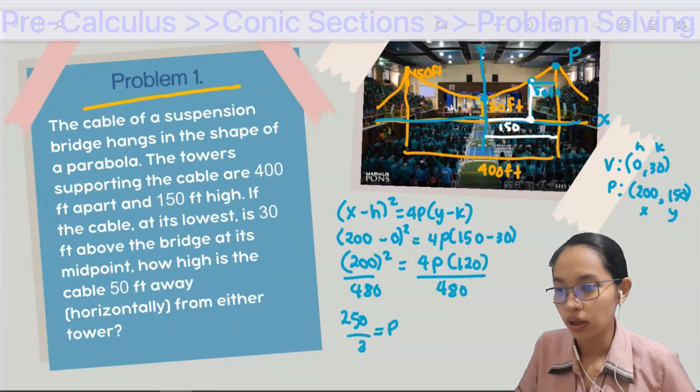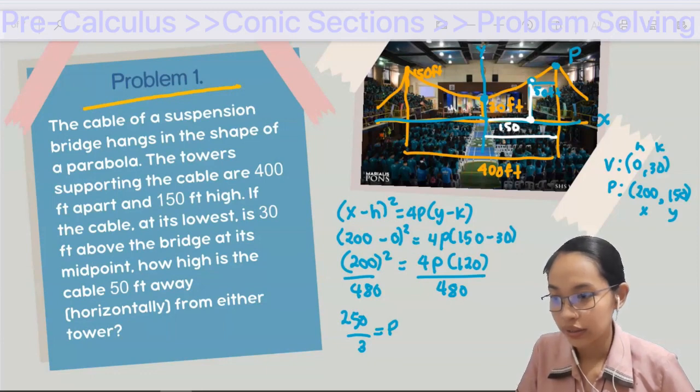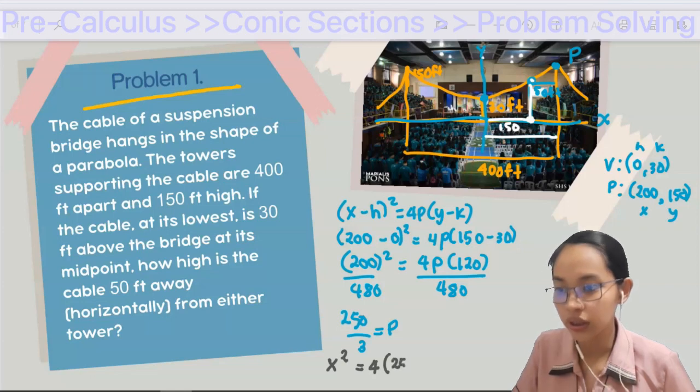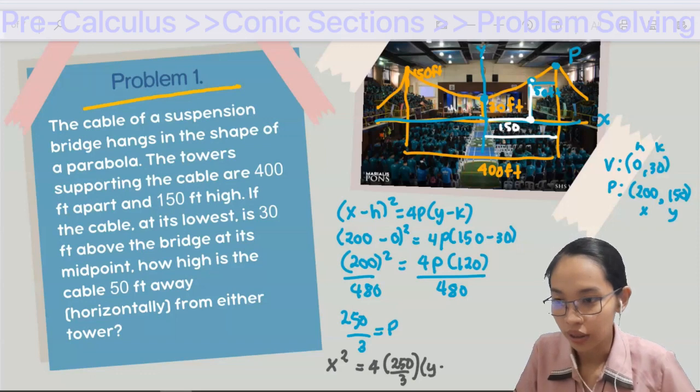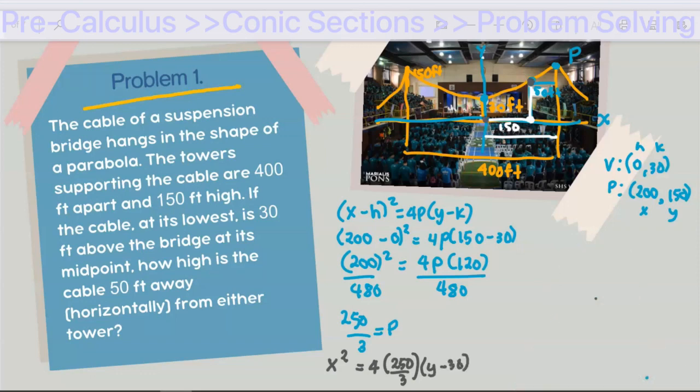Since p equals 250 over 3, and h is 0, the equation is x squared equals 4 times 250 over 3 multiplied by (y minus 30). So this is now our equation.